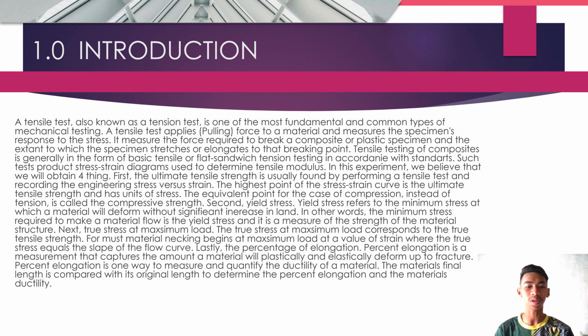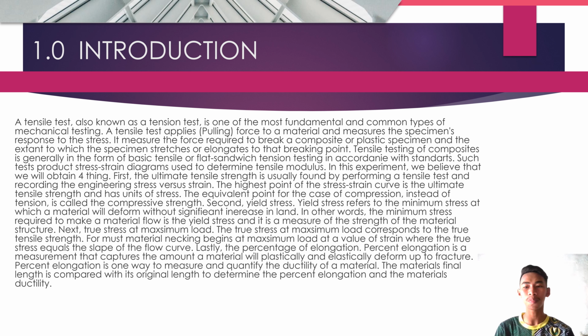In this experiment, we will combine four things. First, the ultimate tensile strength is usually found by performing tensile tests and recording the engineering stress versus strain. The high point of the stress strain curve is the ultimate tensile stress.